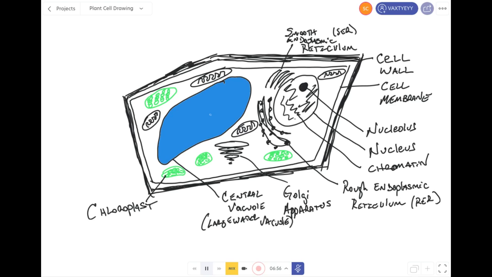Animal cells only have mitochondria. So we'll label this. Mitochondrion. There's one of them there. Can't forget about our ribosomes. They're scattered throughout.